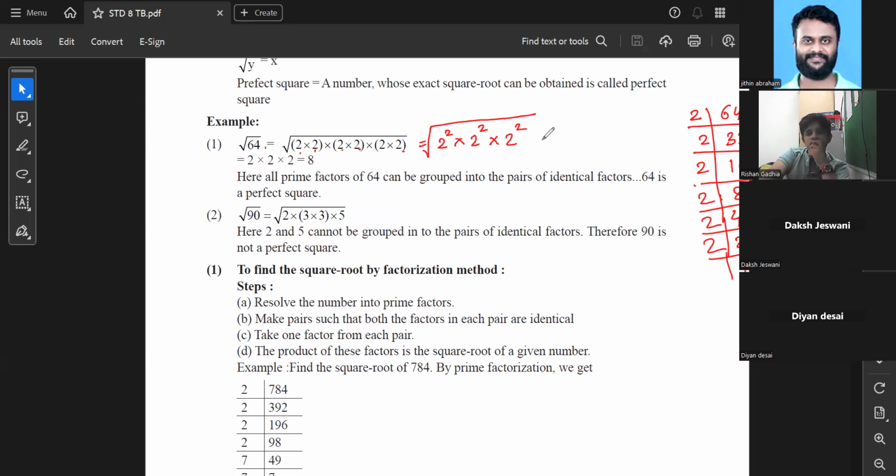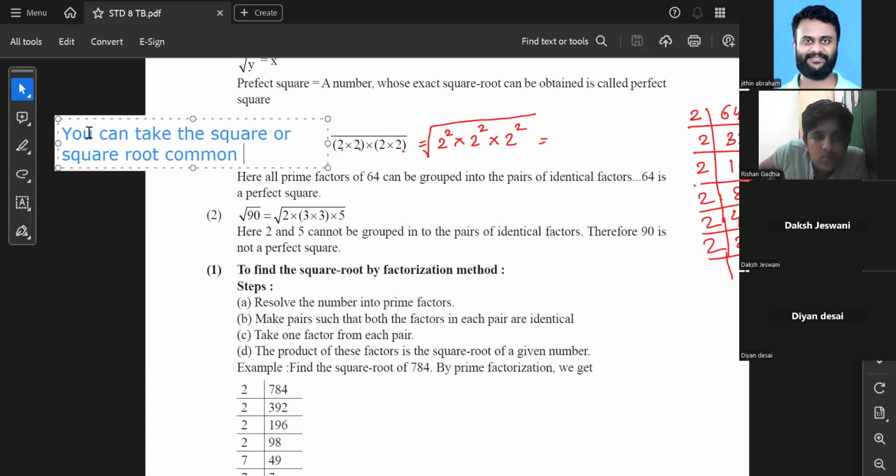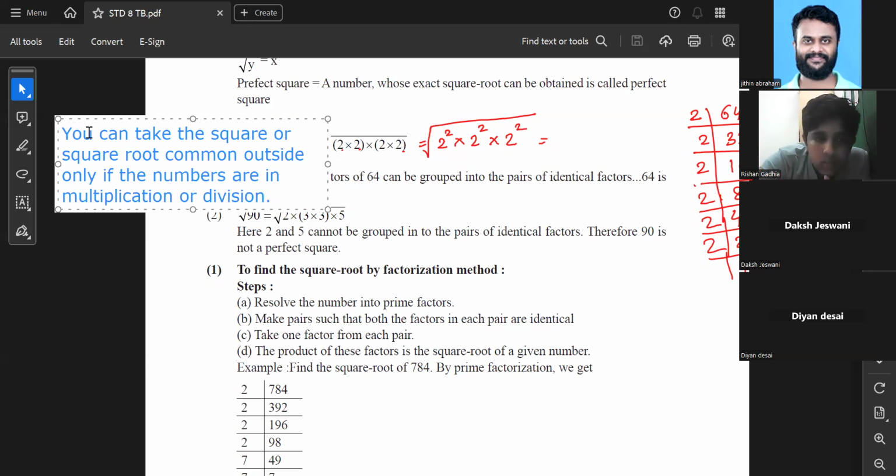Now in case of multiplication, we are allowed to do one thing. We can take the squares in common if they are in multiplication. Only if they are in multiplication. So you can take the square or square root common outside only if the numbers are in multiplication or division.